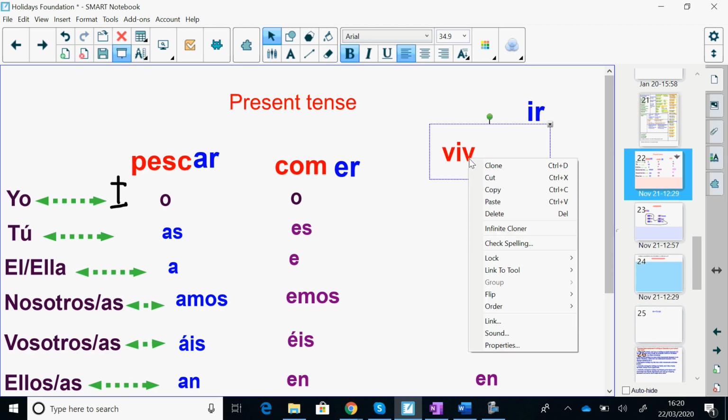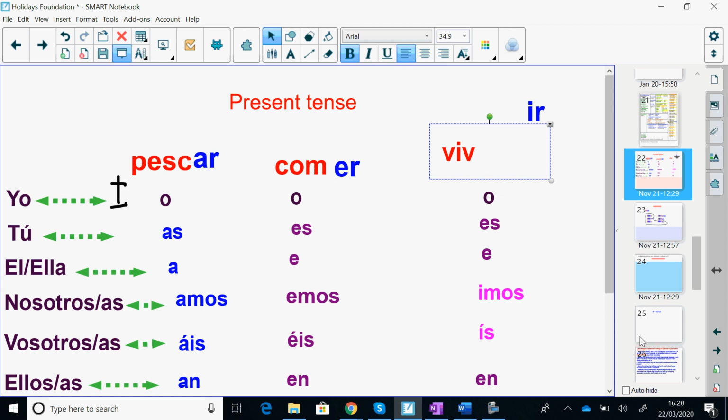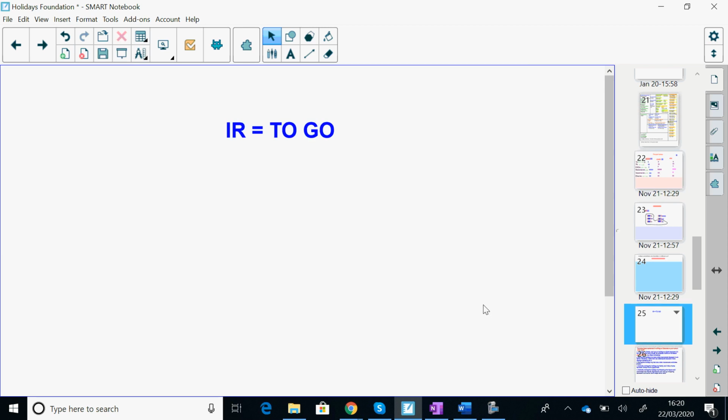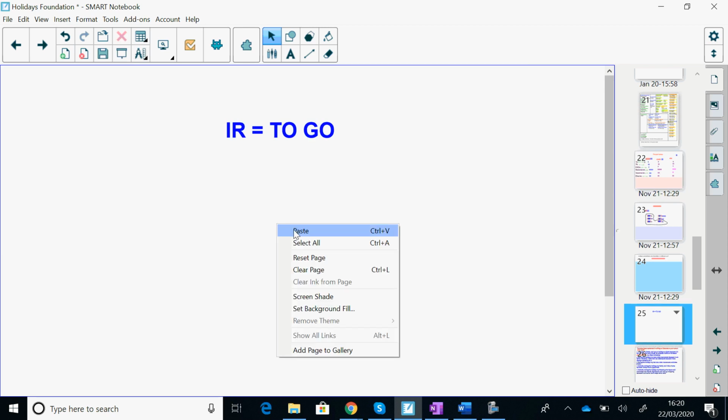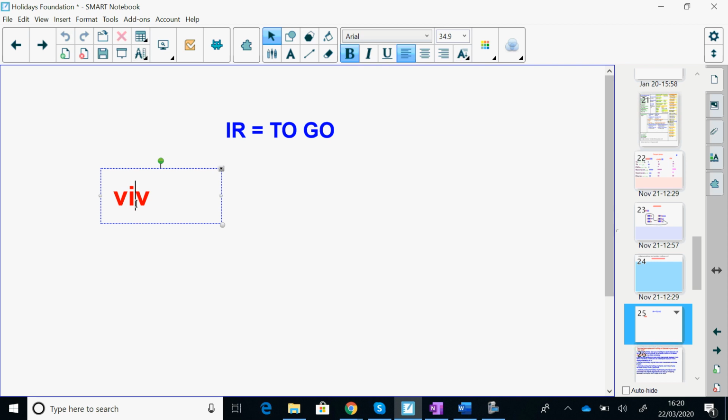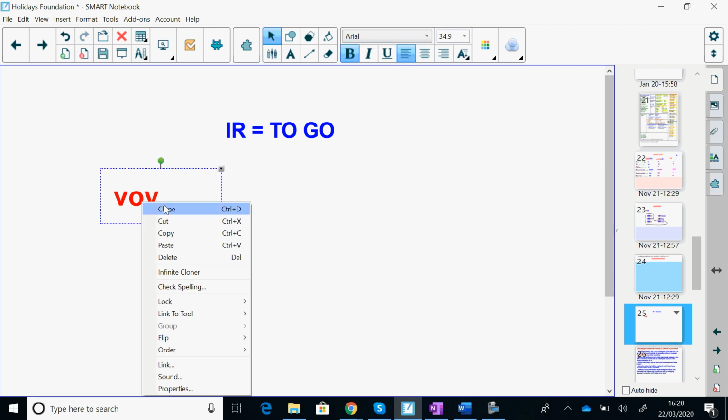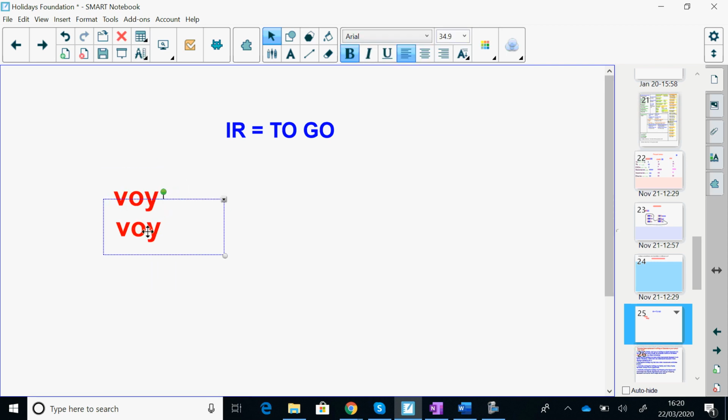Okay, let's see if you can remember what ir basically is in the present tense. So for example, how do you say I go? Okay, I go, and you remember it was voy. Well done. Any ideas how do you say you go? It's not voy anymore, like in a question, vas. What about he or she goes?